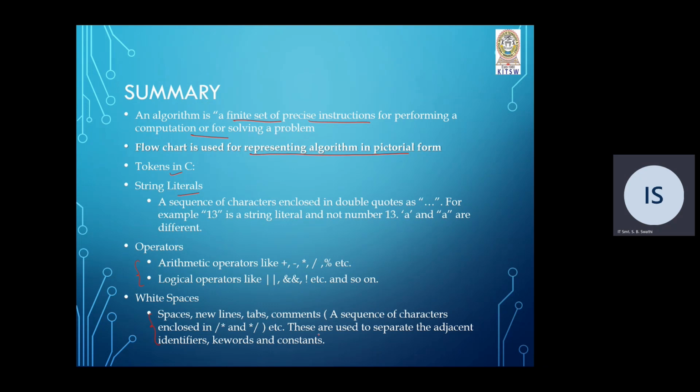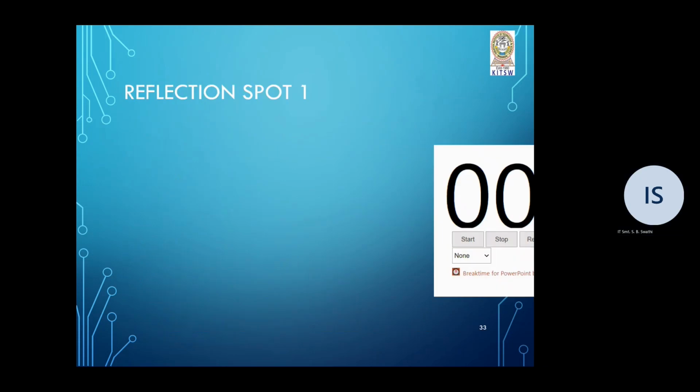And white spaces: we indicate the white spaces using backslash, star mark, then again space, star mark followed by backslash. So this indicates commenting lines or white spaces. They are neglected by the compiler.